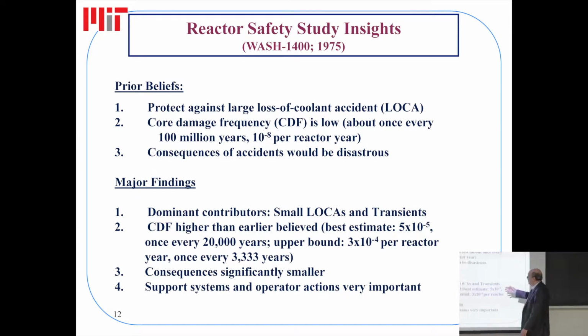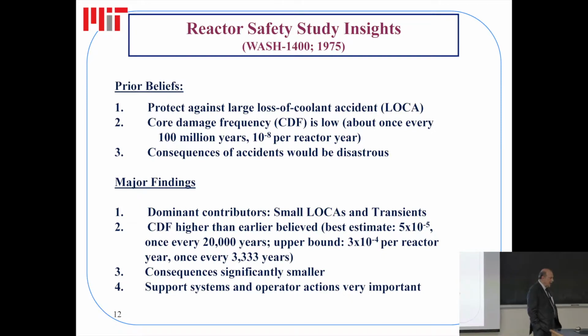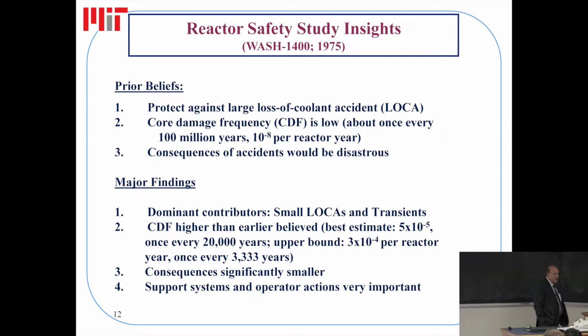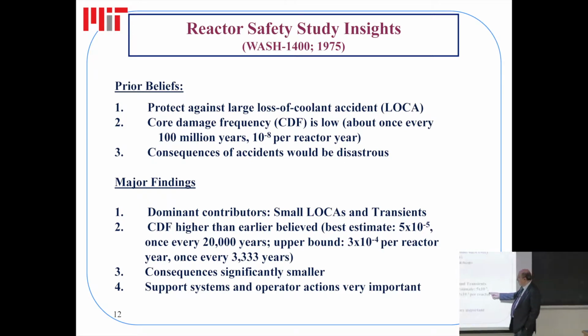And the core damage frequency, they couldn't quantify it, but if you asked people at the time, they would tell you, no, it's extremely low, it's probably once every 100 million years and so on. And the study comes up and says, no, it's actually much higher than that.